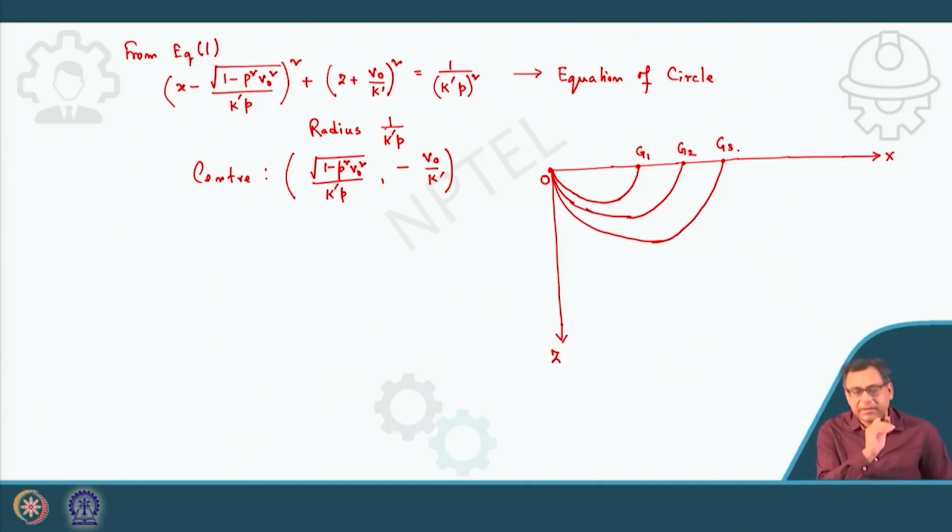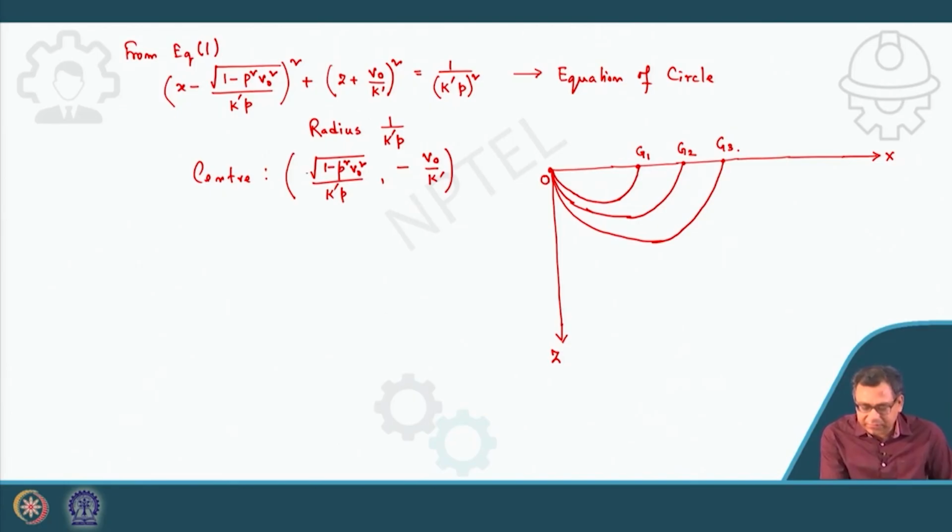But now come to the center. At the center, V0 is constant, k dash is constant. It is independent of the ray. Whatever the ray, V0 will be a material property, so that will be the same for every ray. Clear? So V0 will be the velocity at z equal to 0. Similarly, k dash is also constant. So that means for all the rays, this coordinate, V0 by k dash, will be constant.